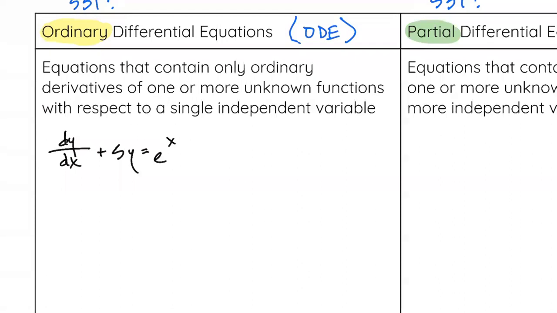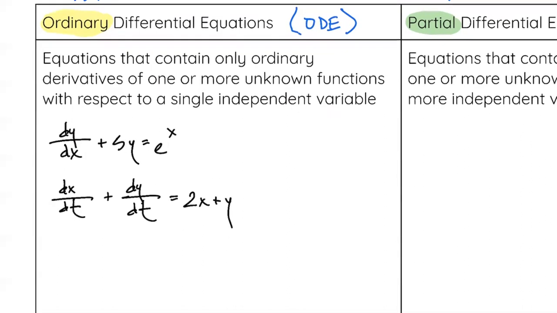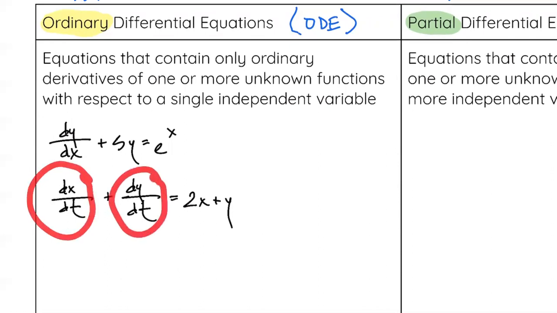It's ordinary because this derivative, dy/dx, is ordinary. You might have something like this too. Maybe you have dx/dt plus dy/dt equals 2x plus y. That could be another example of an ordinary differential equation. And it's ordinary because we have dx/dt and dy/dt.